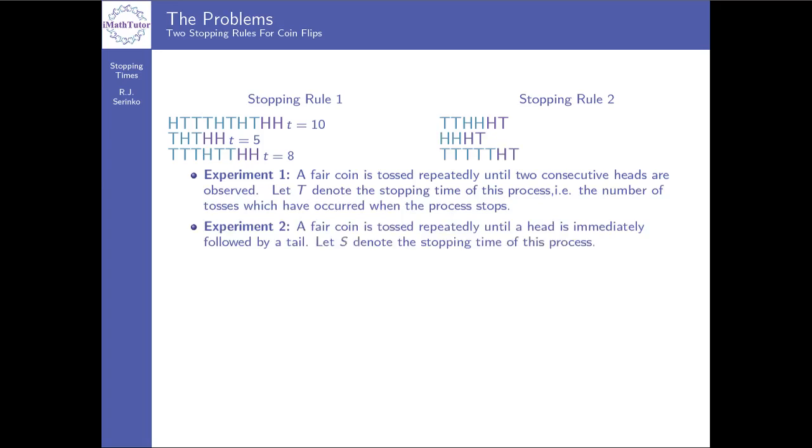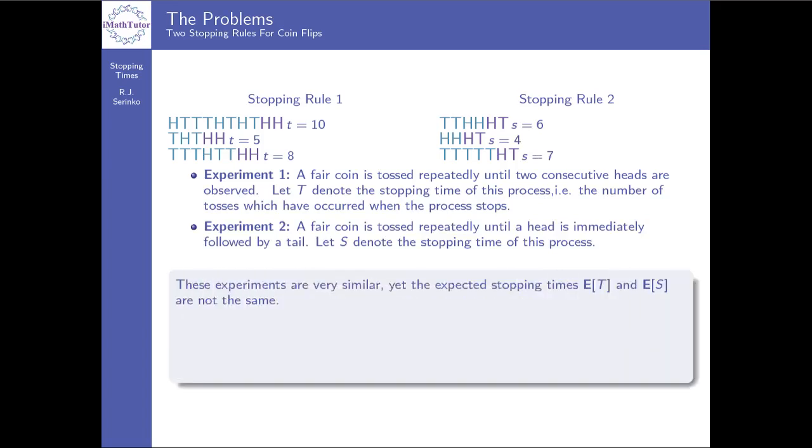We'll let S denote the stopping time of this process, and the values for these 3 sequences are 6, 4, and 7, respectively. The experiments are very similar, yet the expected stopping times, the expected value of t and the expected value of S, are not the same.